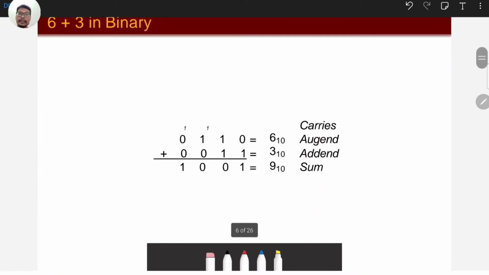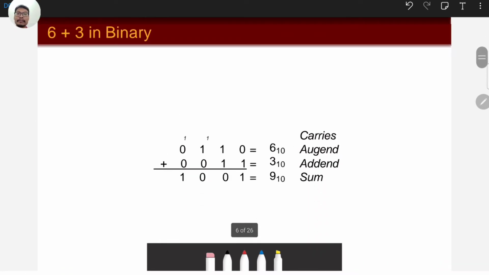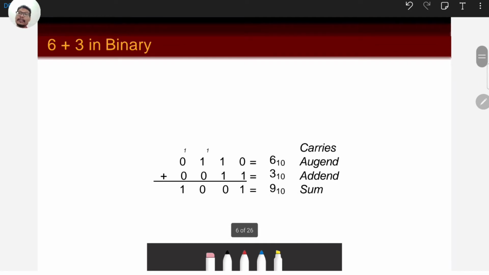So let's look at an example of how we can do a simple binary addition. It's quite similar to the normal addition we have seen all this while, where you put the binary numbers here. 6 in decimal, this is the equivalent binary of 6, and this is the equivalent binary of 3, and we can just do standard addition. 0 plus 1 is 1. 1 plus 1 is 2. 2 is 1, 0, so we put 1 here and 0 here.